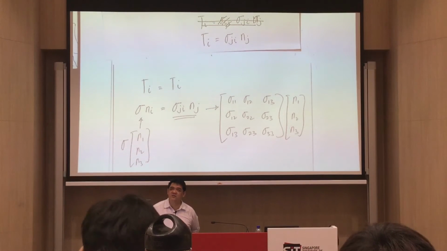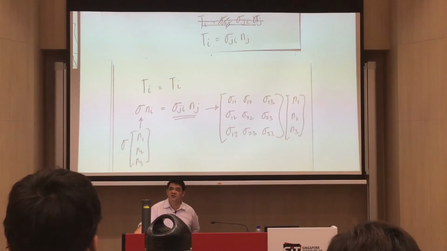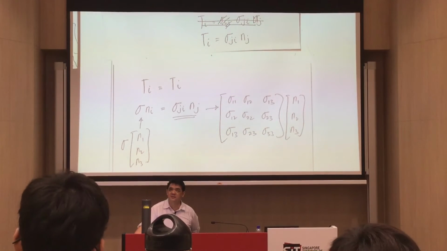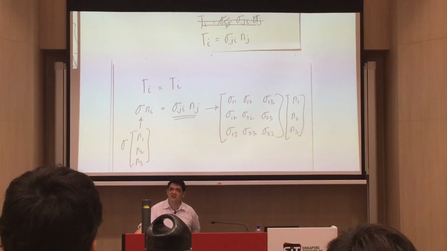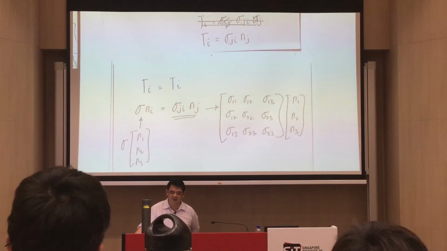So in the meantime, let's just write them as sigma ji and nj. So let's do a magic for this one later. Just accept that at the moment, there's a bit of confusion here.